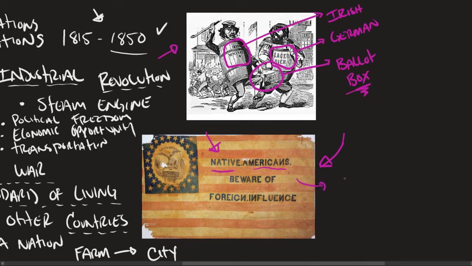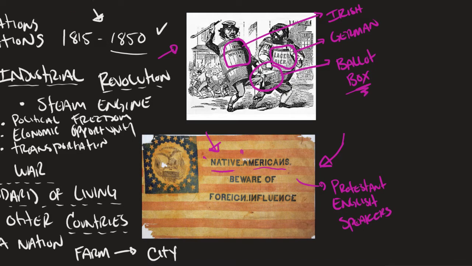In this case, Native Americans would be Protestant English speakers, the assumption being that those who were English, spoke English, and were Protestant were quote unquote native, when in reality, when we think about Native Americans today, we're talking about the people who lived in the Americas prior to 1492 and their descendants.